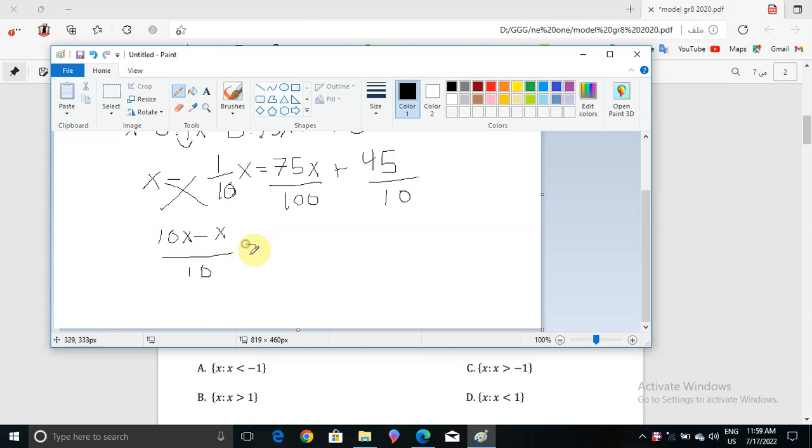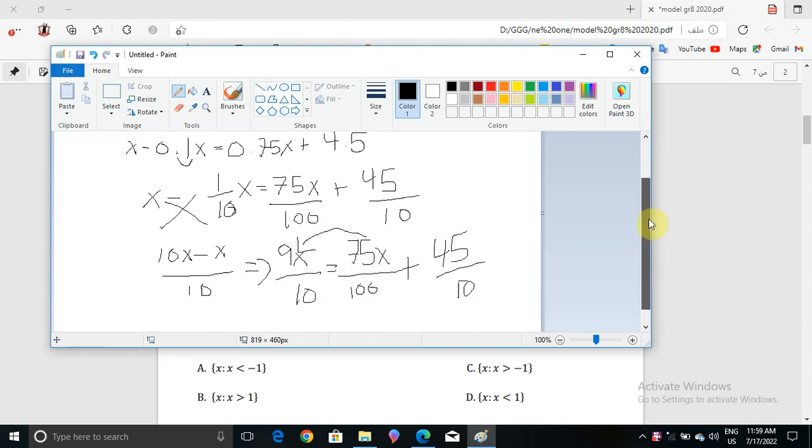So that means it will be equal to 9x over 10, which is equal to 75x over 100 plus 45 over 10. Then we'll shift 75x over 100 with 9x.